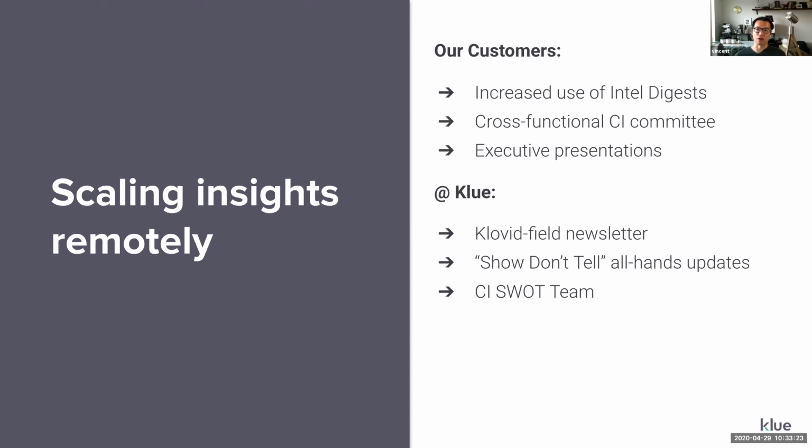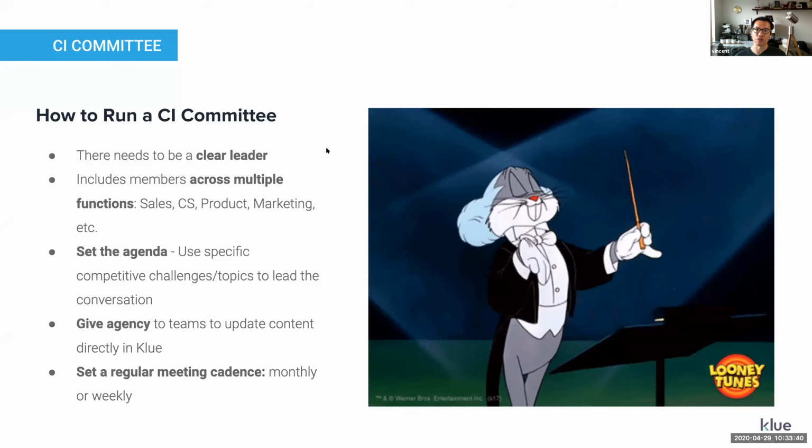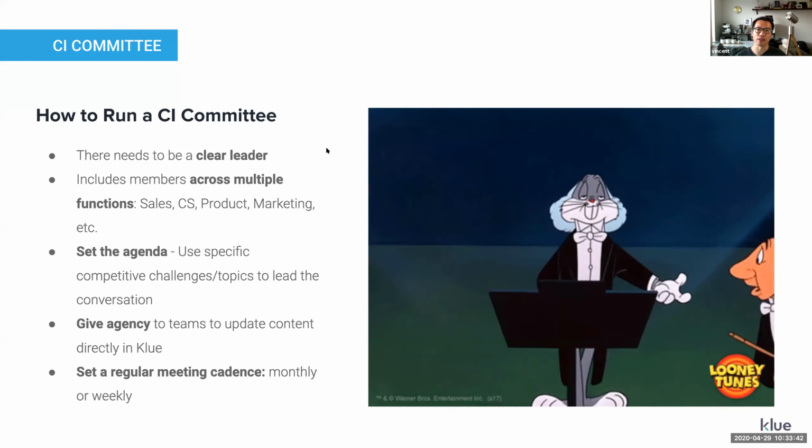But there's a second part, which is that the champions within those teams, the SWAT team members, and we use SWOT instead of SWAT, are also going to be helping me understand what the gaps are in terms of information that everybody needs to have.